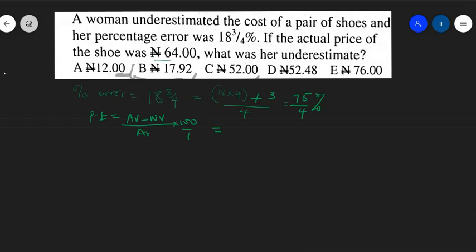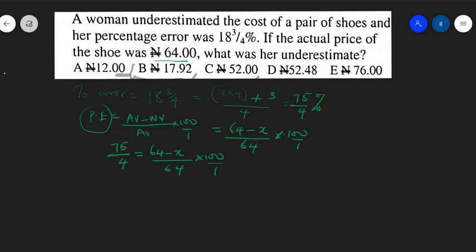So it's going to be 64 minus x, the estimated one, over the actual value again, 64, times 100/1. The percentage error we already got as 75/4, so you can write 75/4 is equal to 64 minus x over 64 times 100/1.